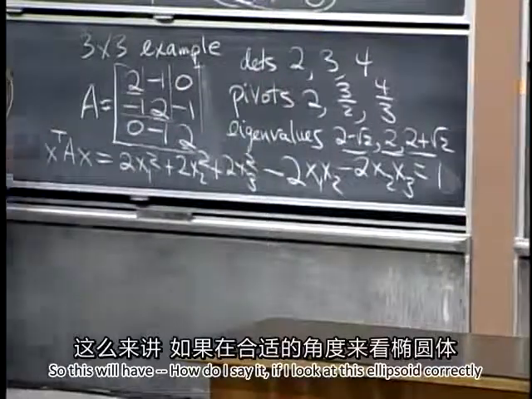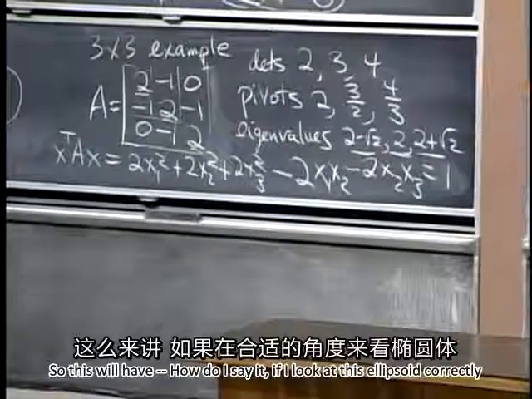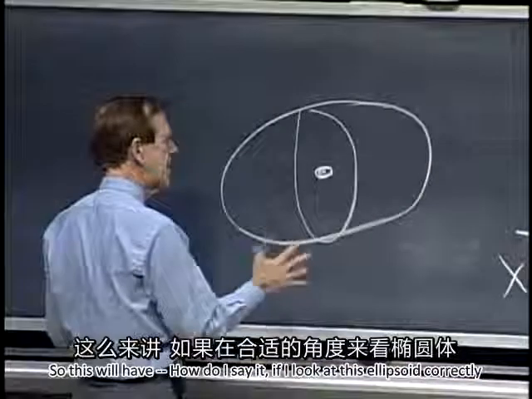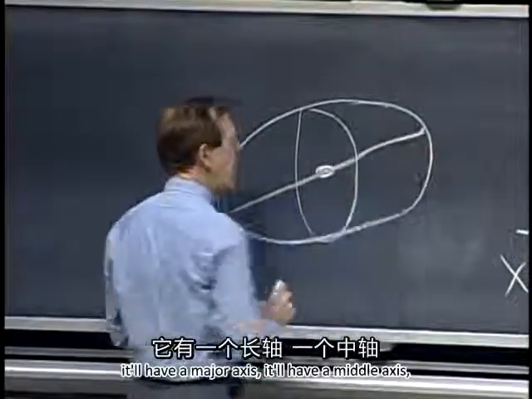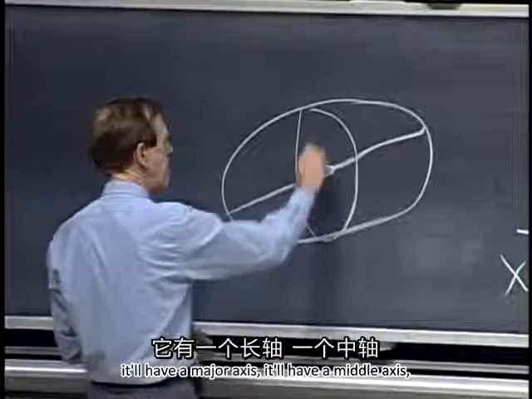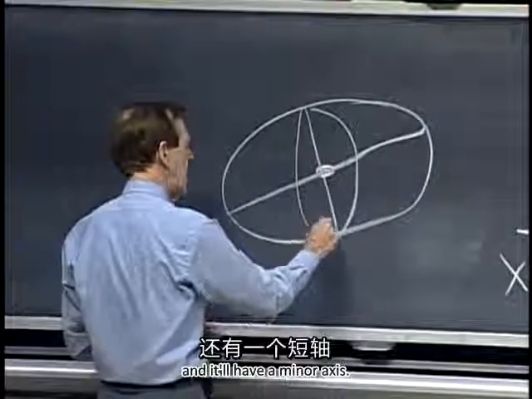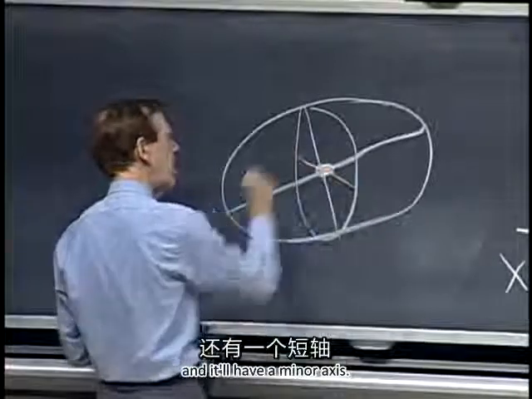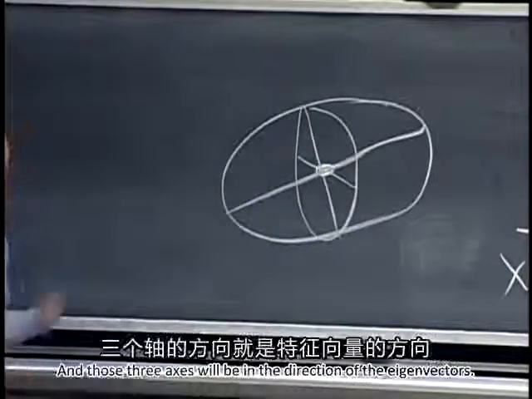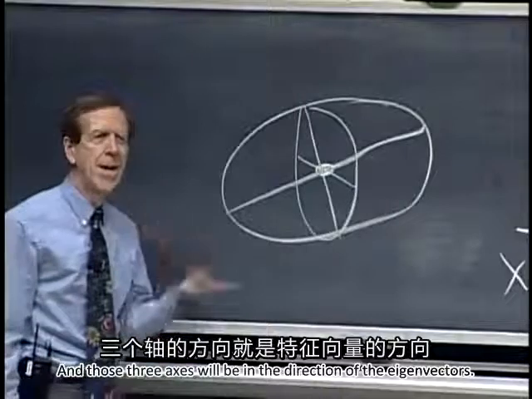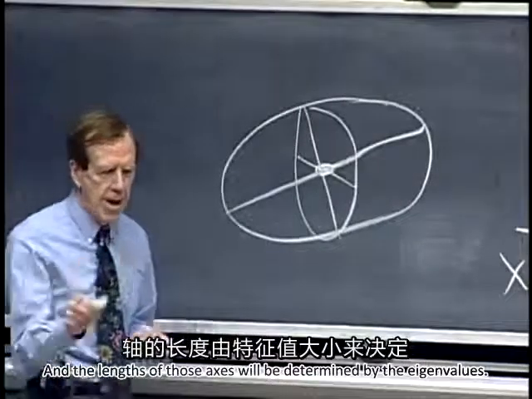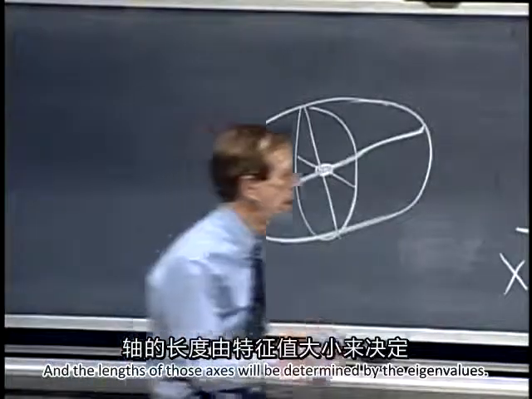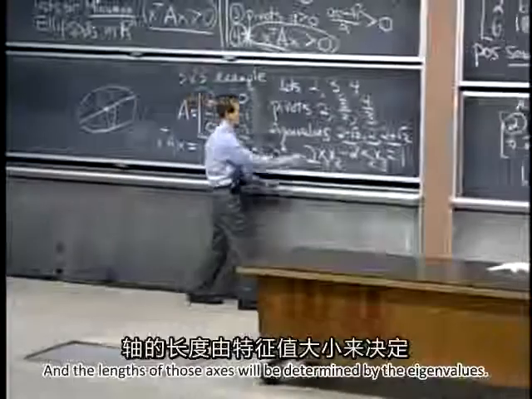So how do I say it? If I look at this ellipsoid correctly, it'll have a major axis, it'll have a middle axis, and it'll have a minor axis. And those 3 axes will be in the direction of the eigenvectors. And the lengths of those axes will be determined by the eigenvalues.